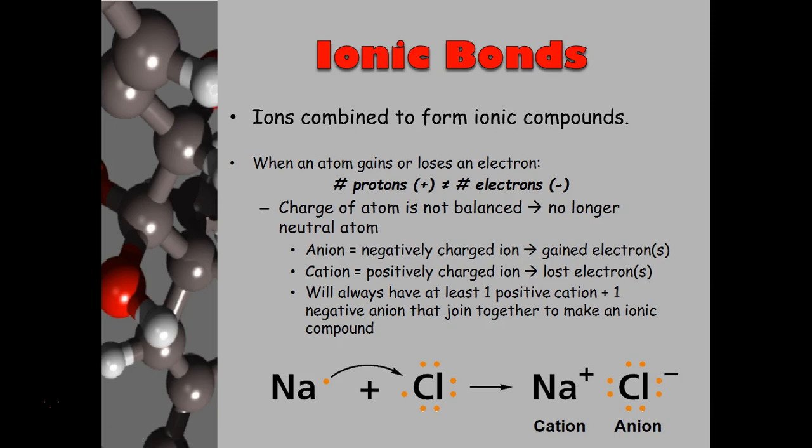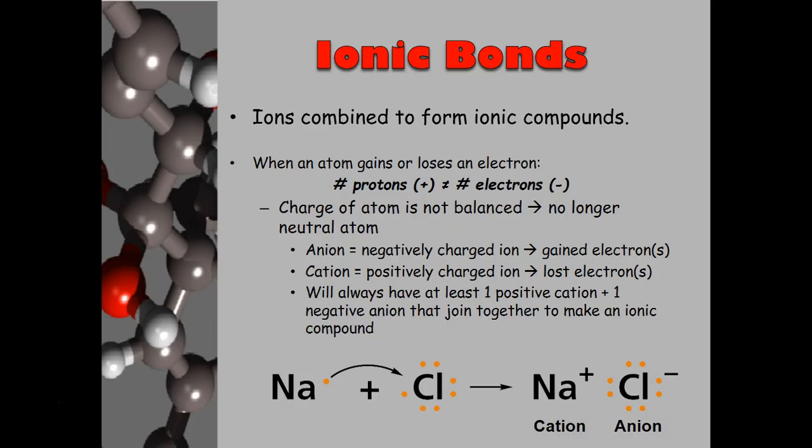Now when we're making ionic bonds, the atoms that are involved have to include at least one positive cation plus one negative anion. That's what ultimately then comes together to make an ionic compound. That being said, I can have two cations and one anion, or two anions and one cation.